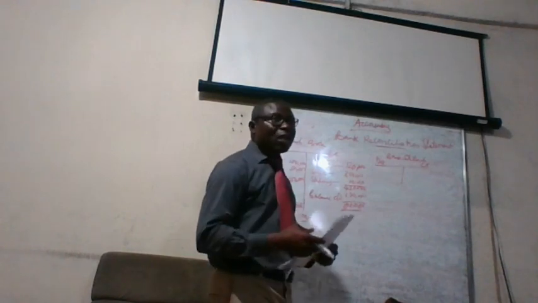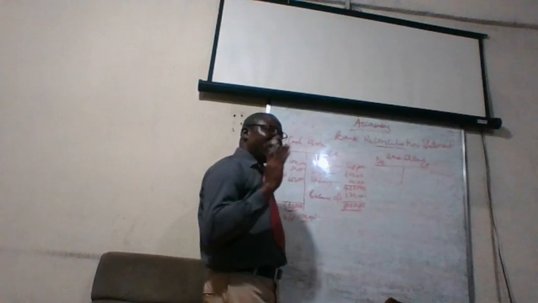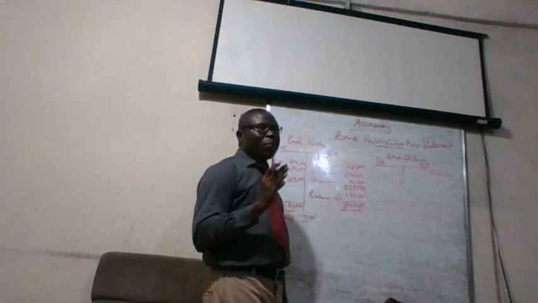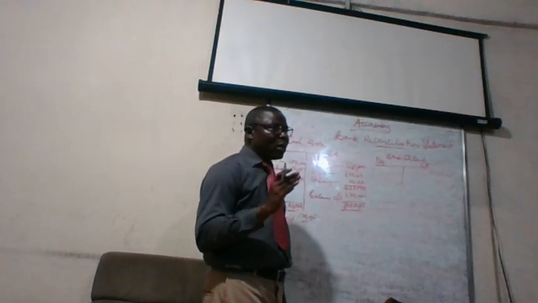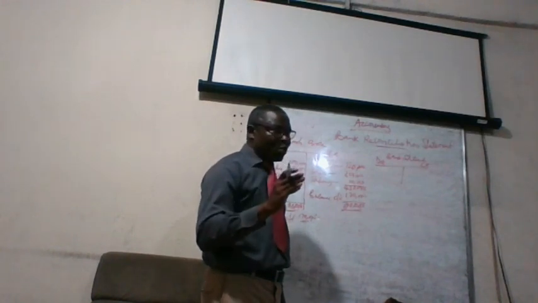Please listen to me because of what I want to say now. I have told you that there are two methods of preparing a bank reconciliation statement. The first one is when you start with the balance as per cash book. You understand?